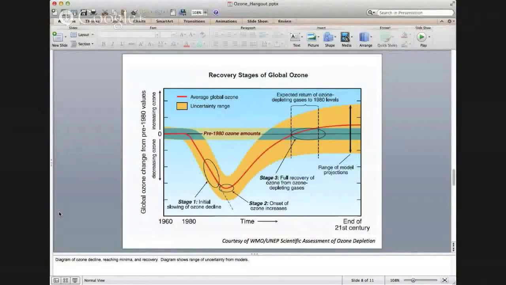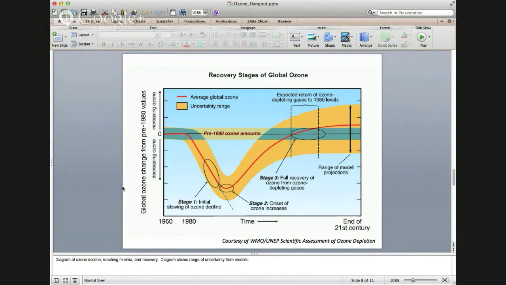So this plot that you're showing now was taken out of the International Ozone Assessment, and it shows very nicely and in general terms what we expect as far as the process: the ozone depletion on the far left side, reaching its minimum value at the bottom of the curve, which occurred in the late 1990s.